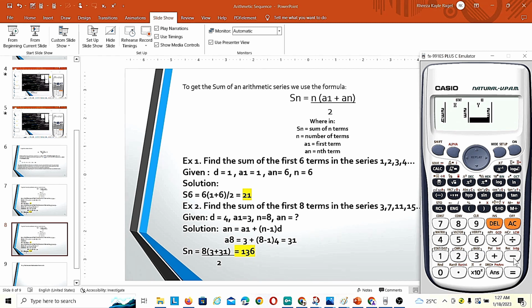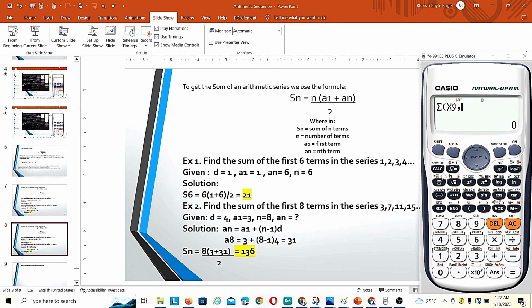So this time we are asked to find the sum of the first 6 terms. So therefore we will press AC, and then we have to press the sum. Therefore the summation of x, alpha x, and then y hat. We need the y hat, therefore reg, and then y hat, and then comma.